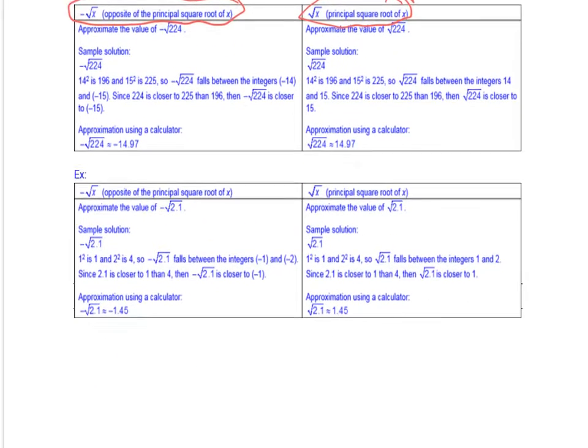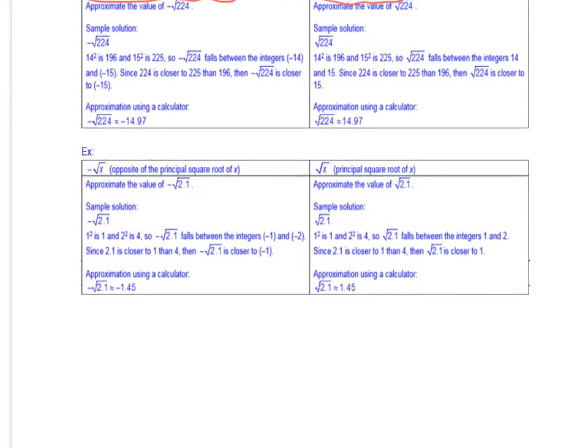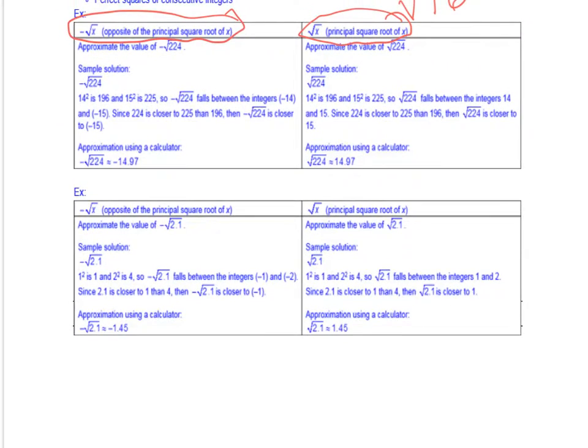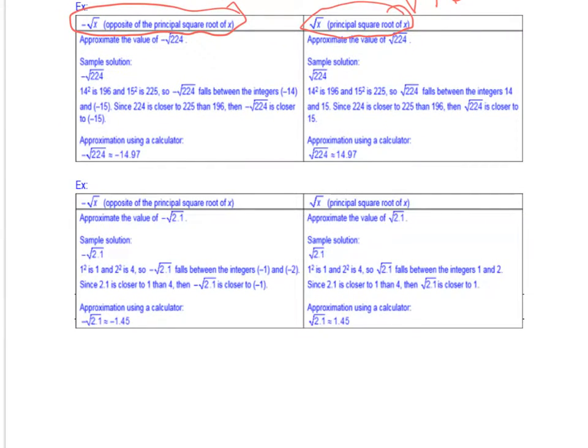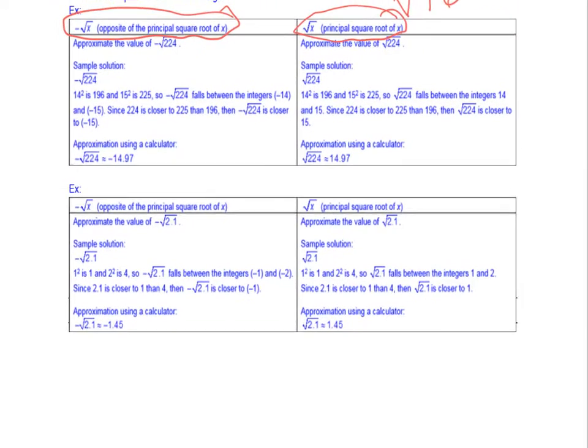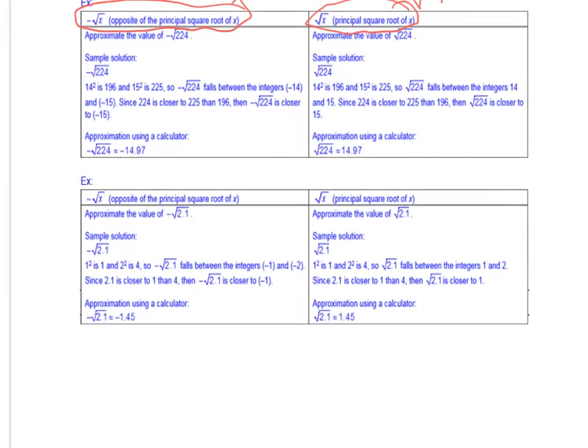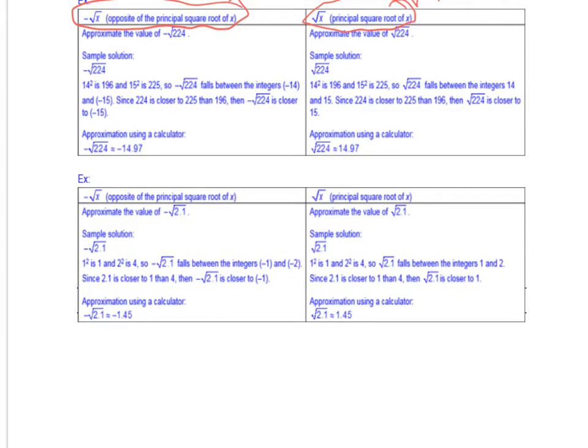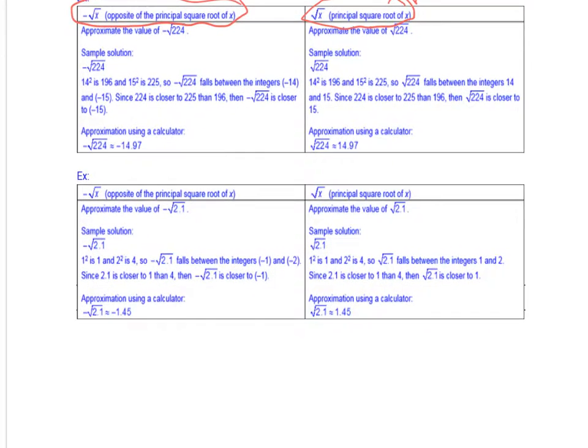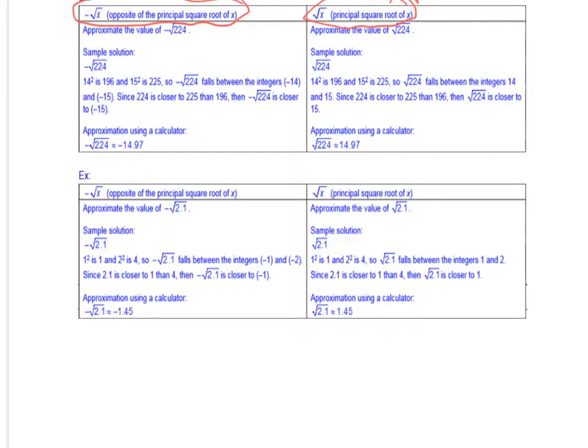All right, we're moving right along. It works the same way with anything that we do. If we look at the opposite of a principal root and approximate the value, notice up here we're dealing with non-perfect squares.